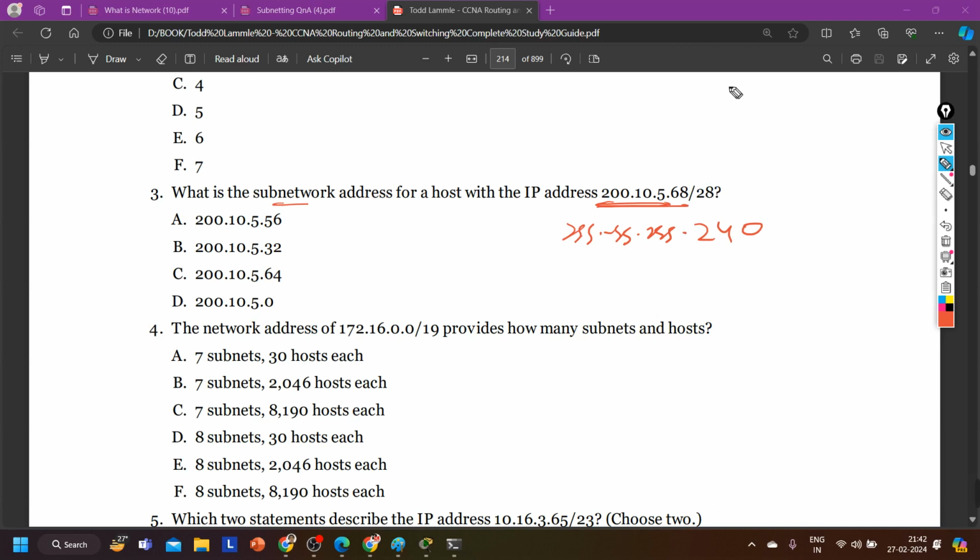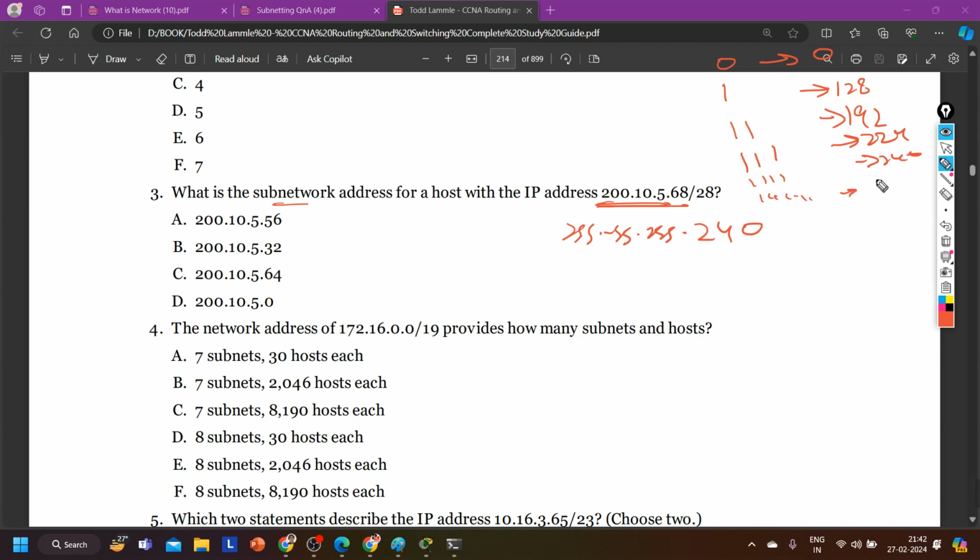so that's why I'm telling you, if you turn on 1 bit, then the subnet mask is going to be 128. If the bit is 0, then the subnet value will be 0. If you borrow 2 bits, means 1 1, then your subnet mask is going to be 192. If you borrow 3 bits, then your subnet mask is going to be 224. If you borrow 4 bits, then your subnet mask will be 240.